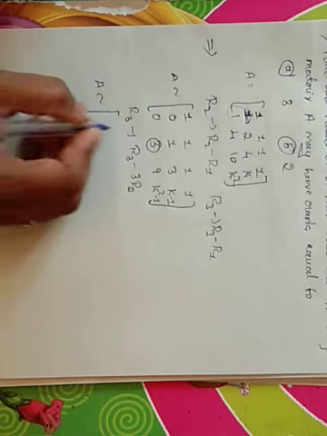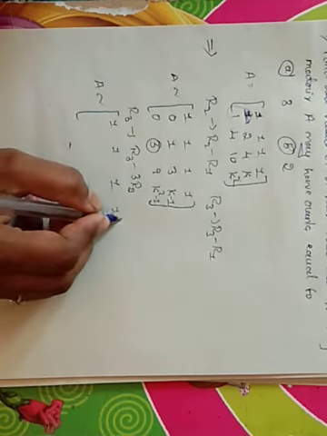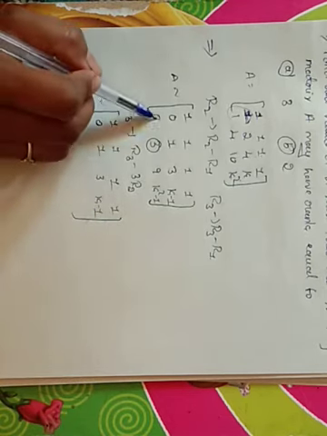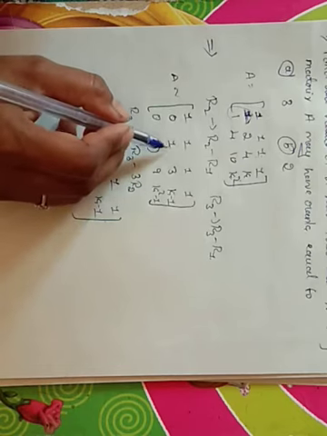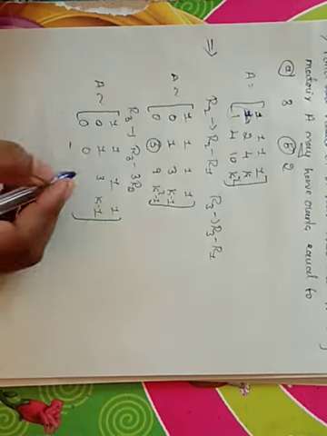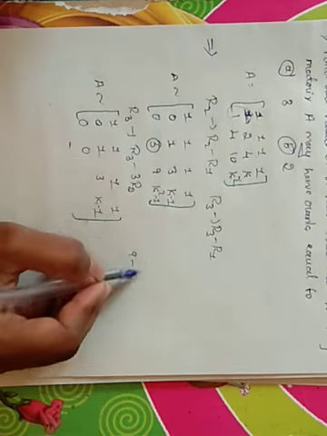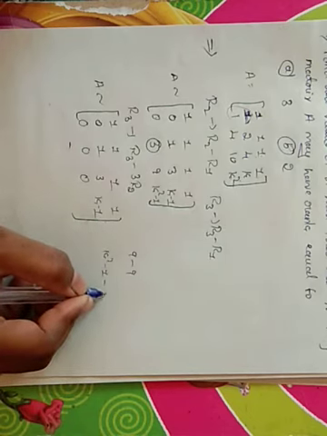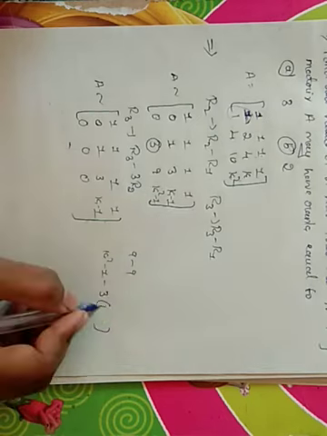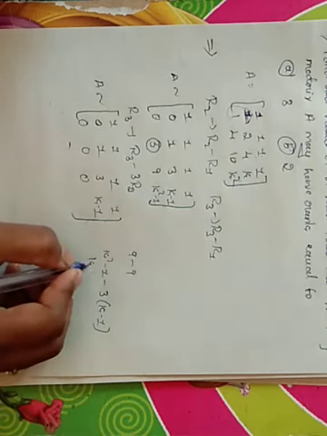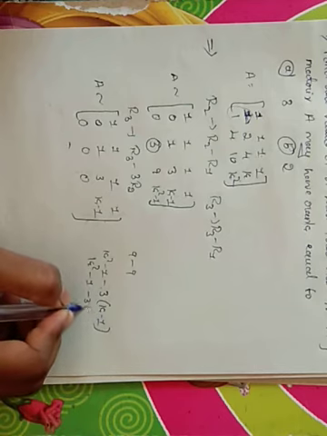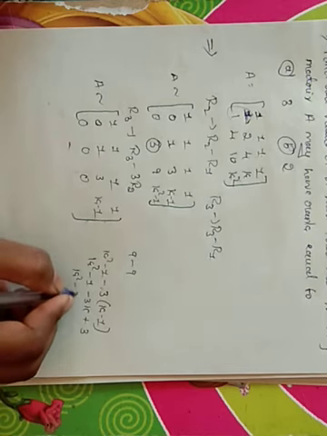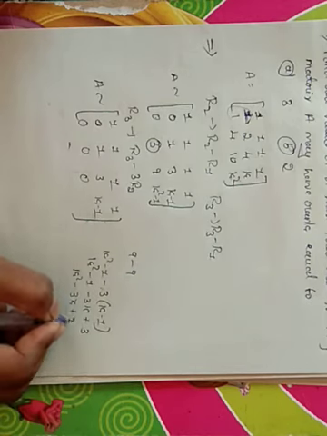Now your matrix is equal to, keeping your first and second row as they are, the third row: 0 minus 0 is 0, 3 minus 3 into 1 is 0, 9 minus 3 into 3, that is 9 minus 9, 0, and k square minus 1 minus 3 into bracket k minus 1, that is k square minus 1 minus 3k plus 3, that becomes k square minus 3k plus 3 minus 1, which is plus 2.